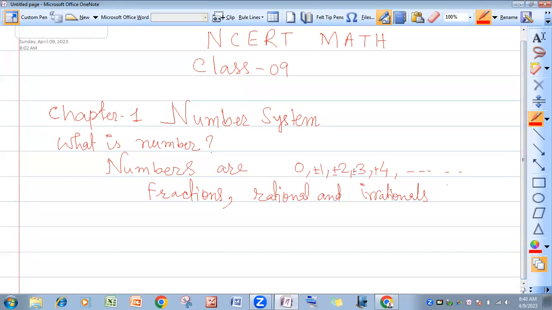Now in number system, we have to know how these numbers came. First of all, we will talk about natural numbers or counting numbers.